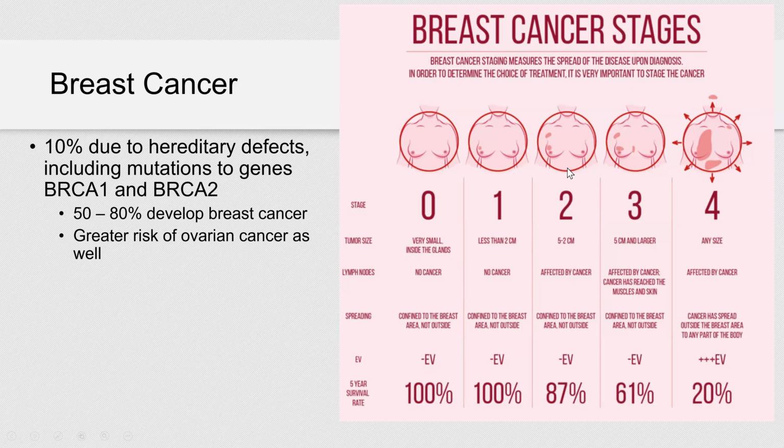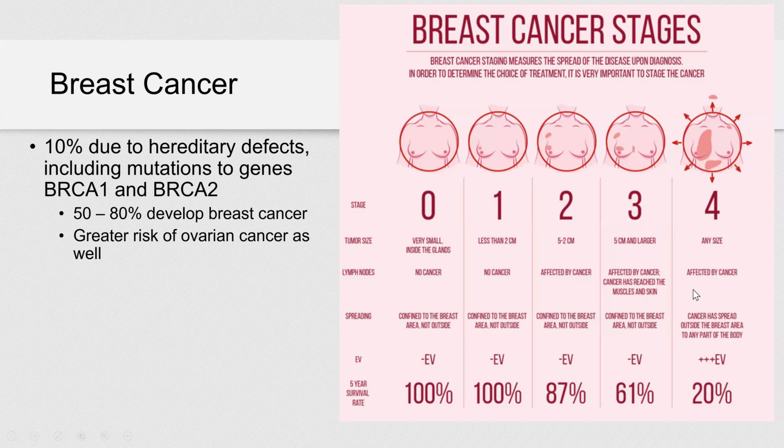Stage 2, when the tumor is bigger and it affects local lymph nodes. You can see it's still in the breast area, not outside, but lymph nodes are affected, and there is an 87% 5-year survival rate. We move further, right? With 5 centimeters and more, it's stage 3, plus we have affected lymph nodes, and cancer might spread to the muscles and skin near the breast.